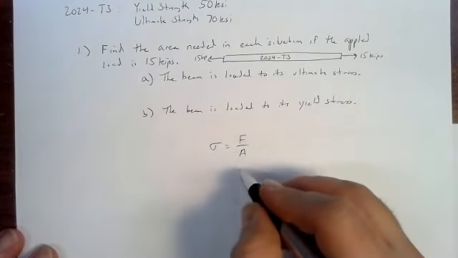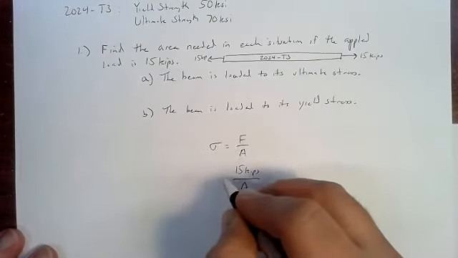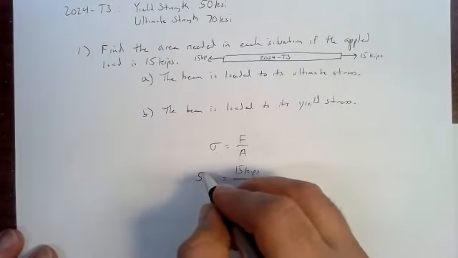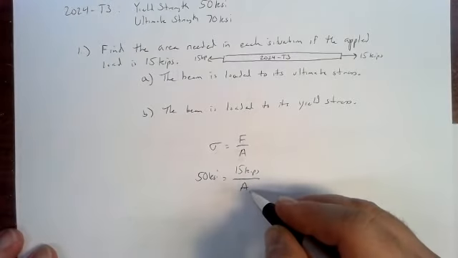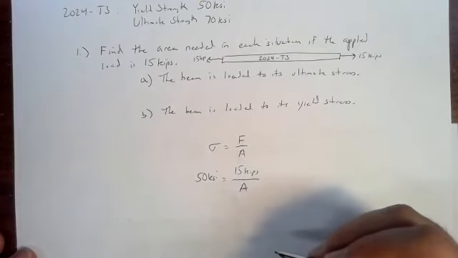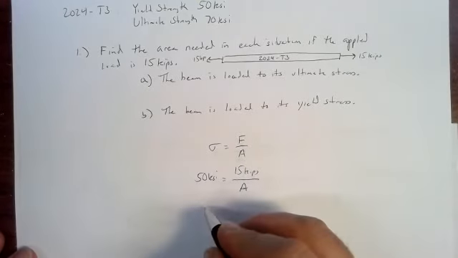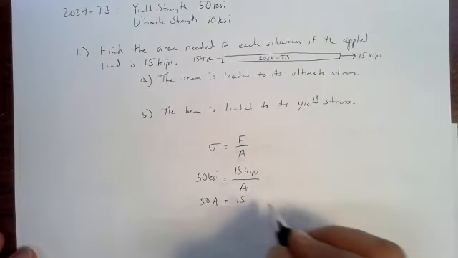We have the same force of 15 kips, but this time we're only going to let the stress climb up to 50 ksi. So we'll need a bigger area. Bigger area will give us a smaller stress. So again, cross multiply. We have 50 times A is 15.